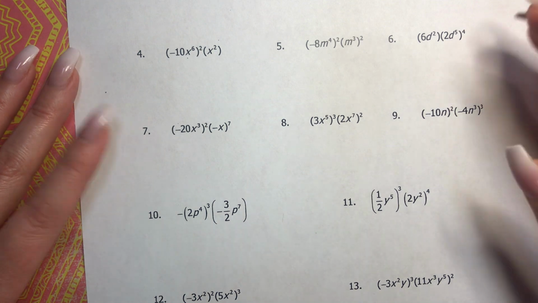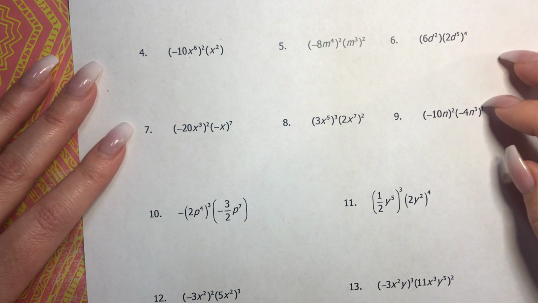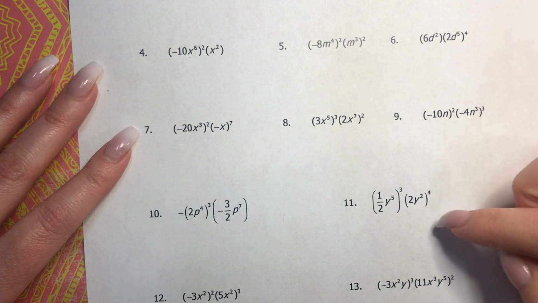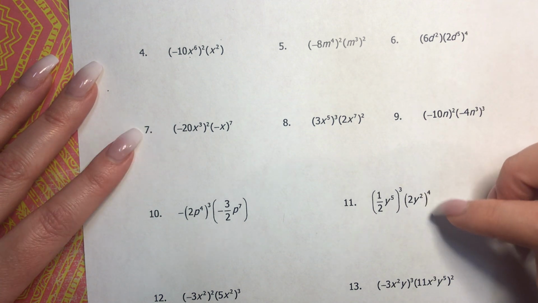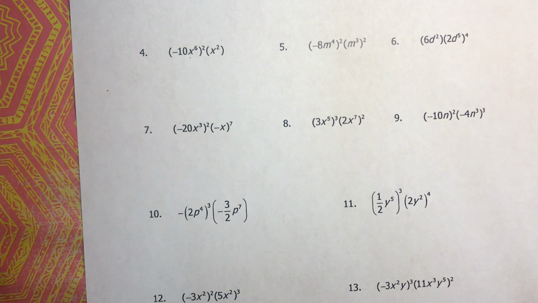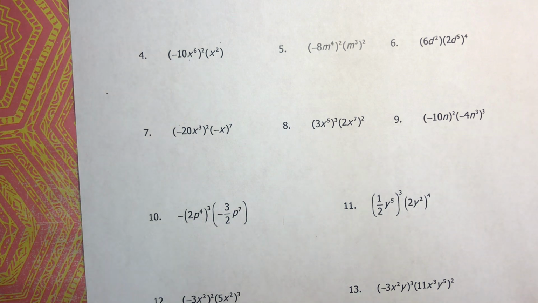Is 7 too easy? Let's see. Maybe 7 and 11. Okay, let's start with 7. Or I'll actually do this one. Well, no, I'll do this one right here. Okay, so here we go.